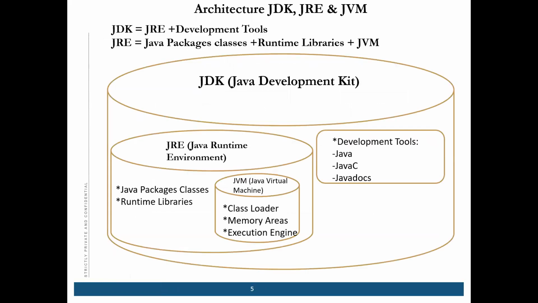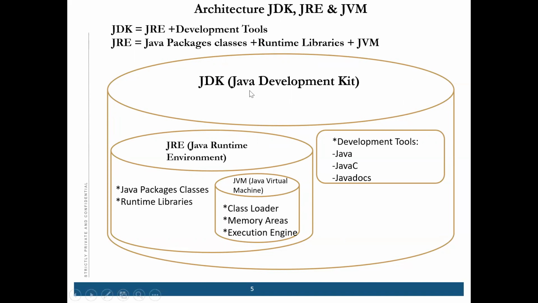Now about the Java architecture. What is Java architecture? Java architecture includes JDK, JRE and JVM. What is JDK? Anybody knows what JDK is? JDK is the Java Development Kit.